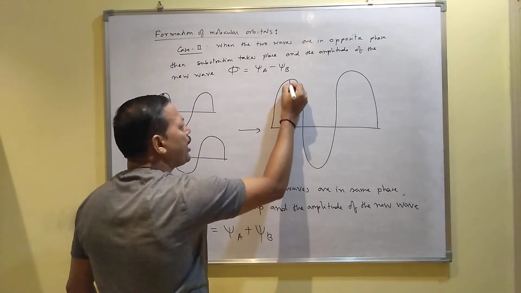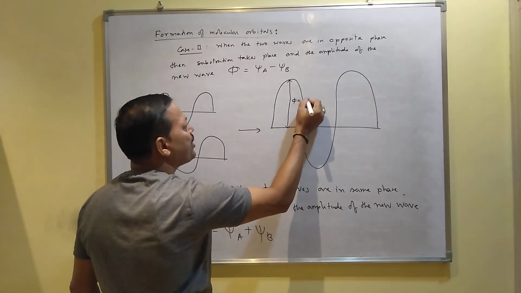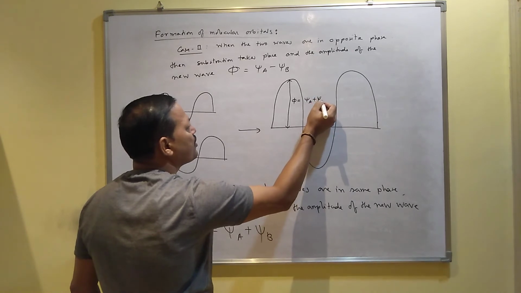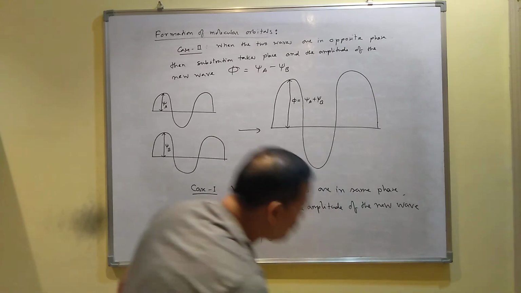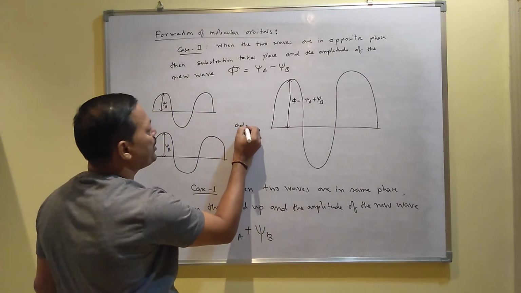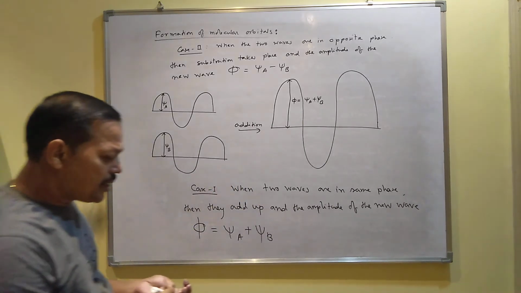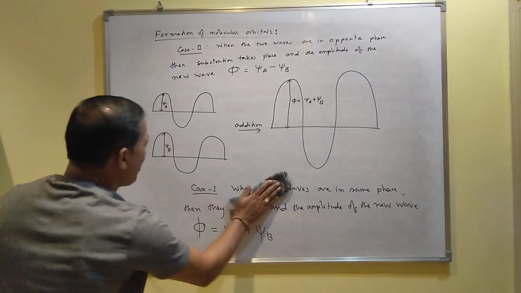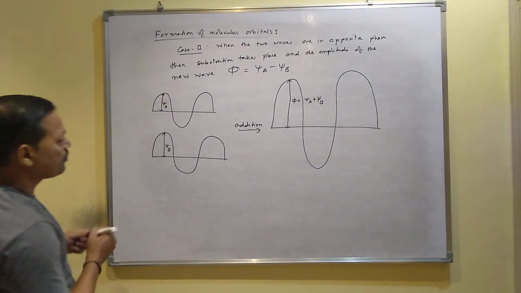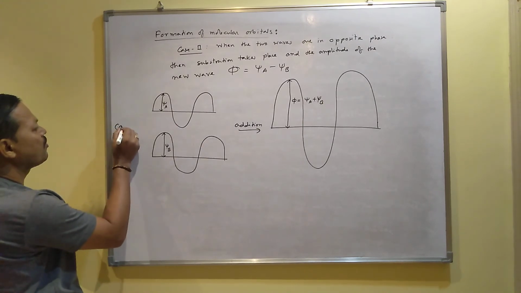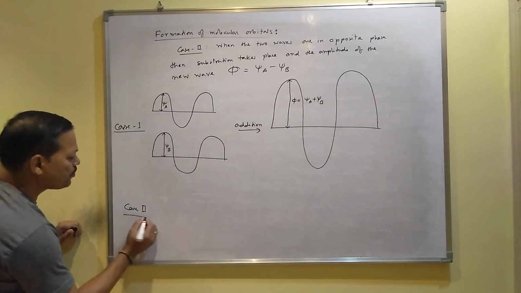Here the amplitude of the new wave, represented by phi, is psi A plus psi B. Due to addition the amplitude becomes double.